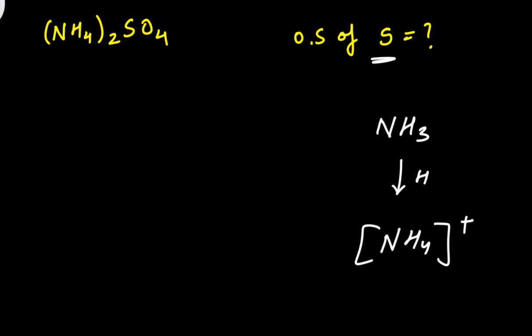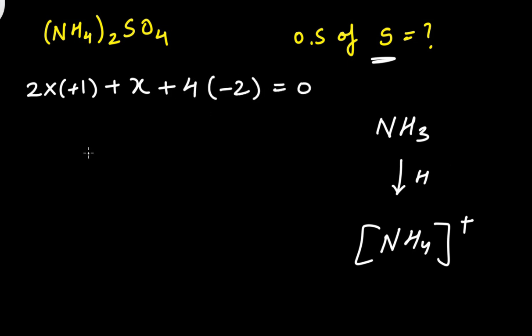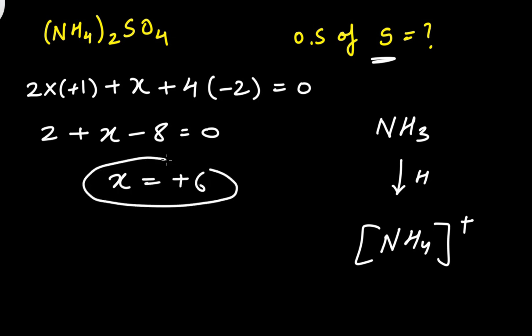And there are two NH4. Start solving. 2 into +1 plus X for sulfur plus 4 into -2 is equal to 0 because the overall charge is 0, right? 2 plus X minus 8 is equal to 0. X is equal to +6.